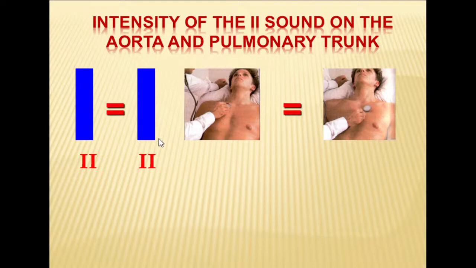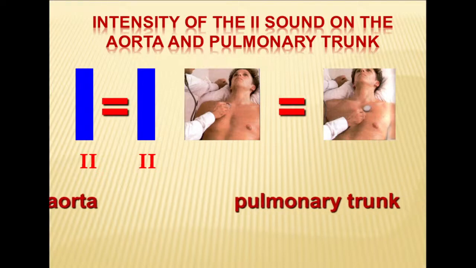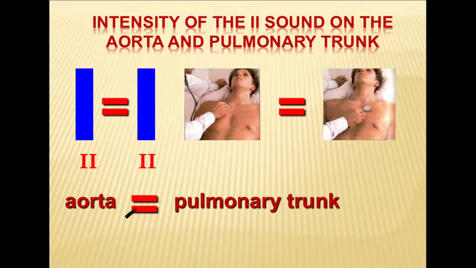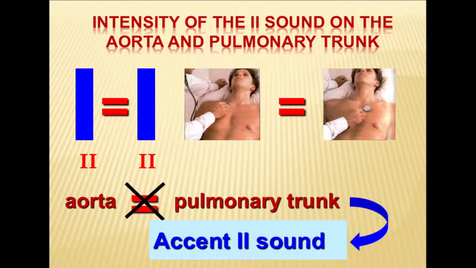If different, we are talking about pathology, which is called accent of the second sound. Let's explain why the second sound over the aorta and pulmonary trunk becomes different. Why will an accent of the second sound be formed?